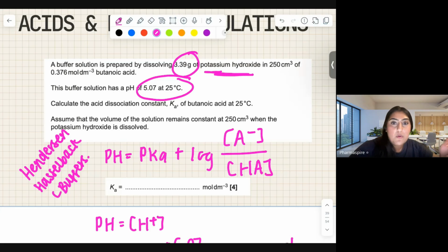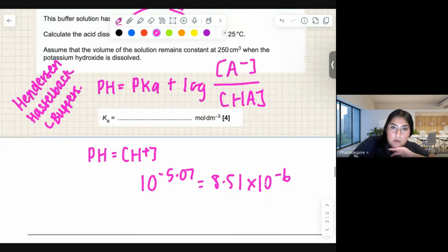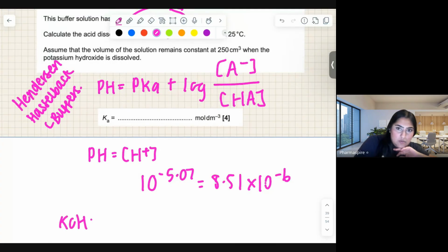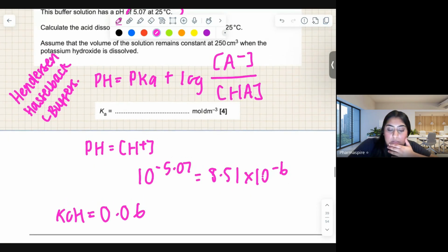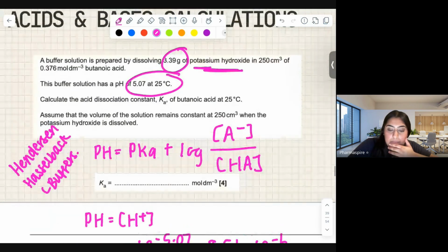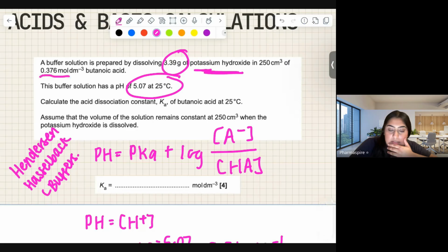So we worked out the moles of KOH. KOH you guys said was 0.06, okay? We need to work out the moles for the acid now, because they've told us that we've got 0.376, and we've got 250 centimeters cubed. So what's the moles for the butanoic acid?